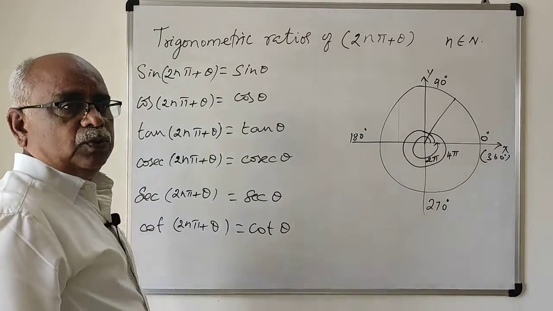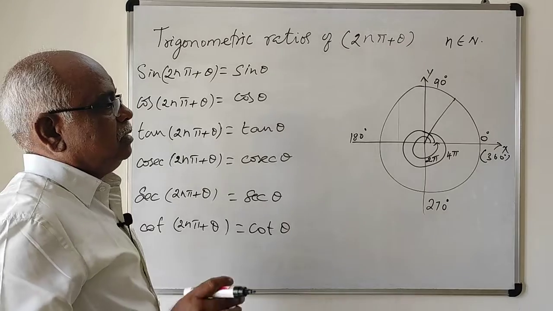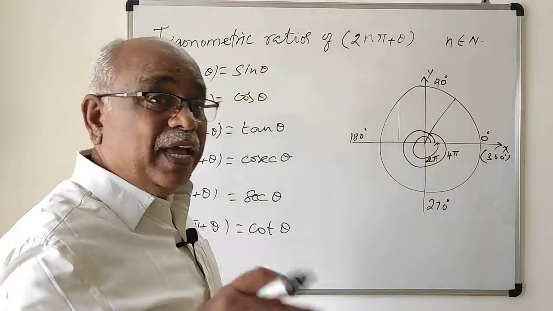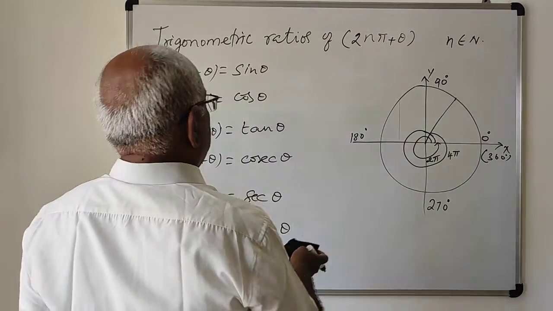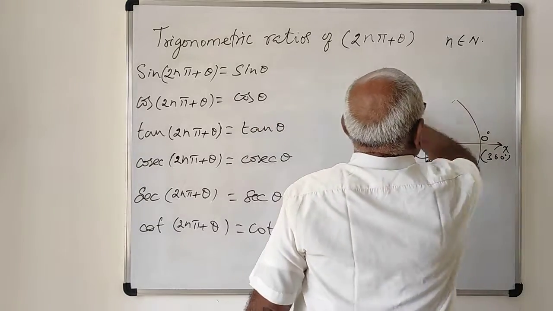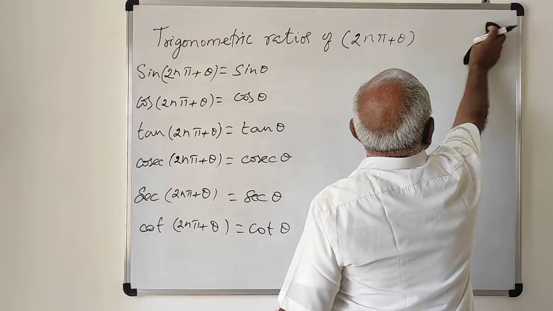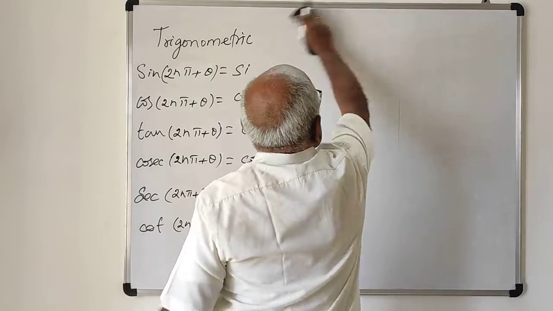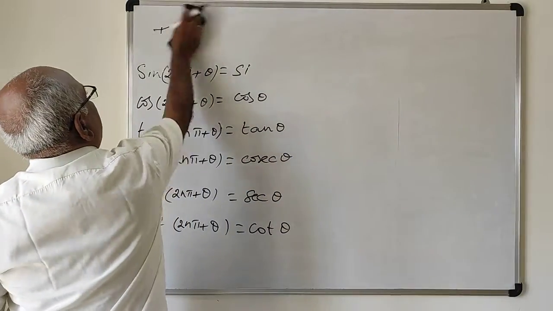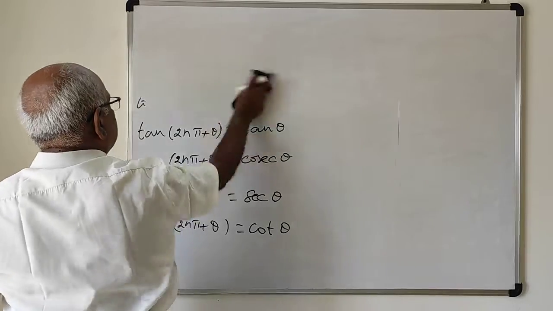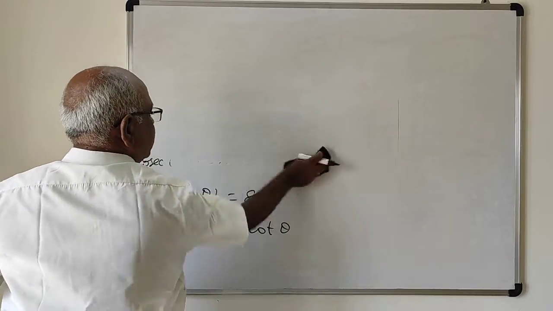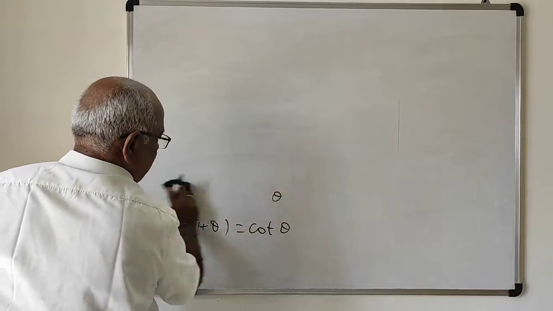Next, I am going to find out the trigonometric ratios of various angles. Now I am going to find out the trigonometric ratios for 0 degree, 30 degree, 45 degree, 60 degree and 90 degree.